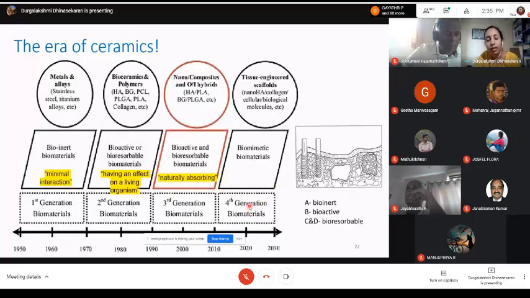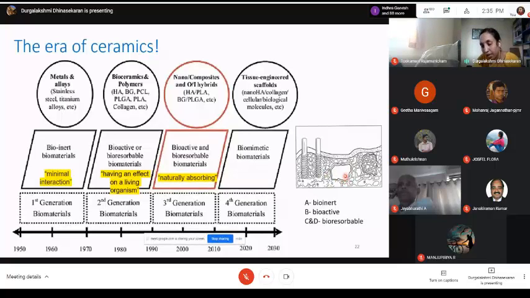Okay. Next is the region for lesser bioactive and higher resorbable materials, where the nano plays a major role, and the era of composite also came, where we can hybrid a metal and polymer or a metal and a ceramic kind of thing, and we can do the different structure so that it can be resolved by the nearby region.